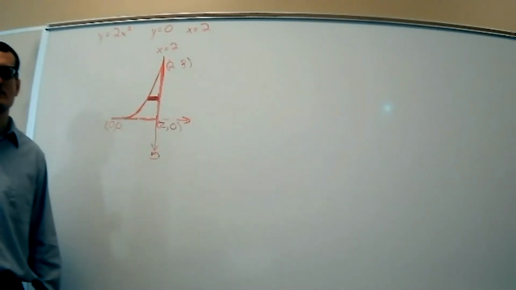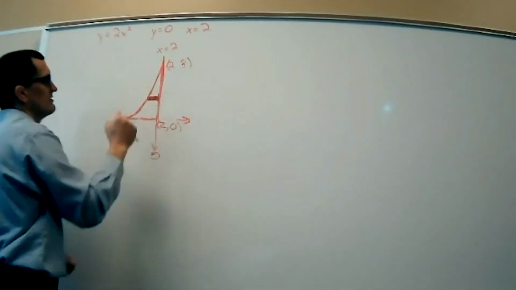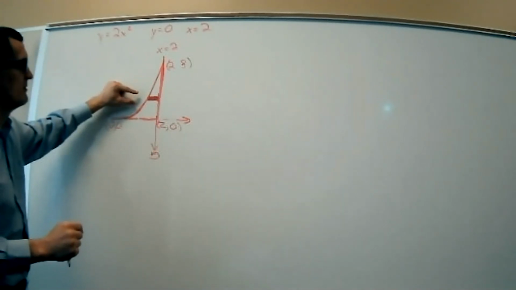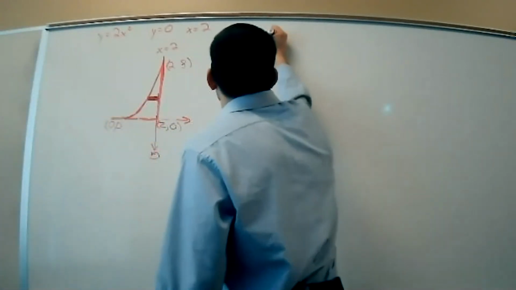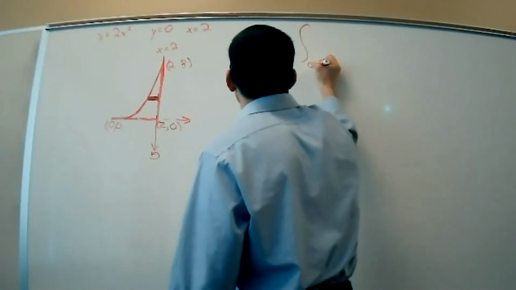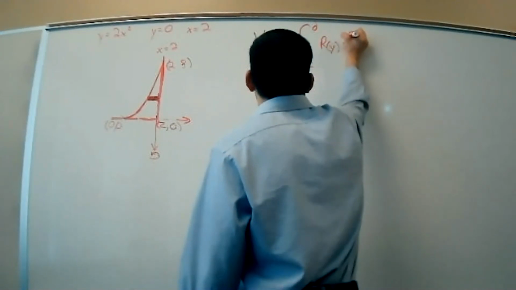So if we rotate it around here and we draw the rectangle, looks like that. No space in there. Okay. Rotating it around, notice this rectangle is going to be width with respect to y. So it's going to be a single disk method done with respect to y.